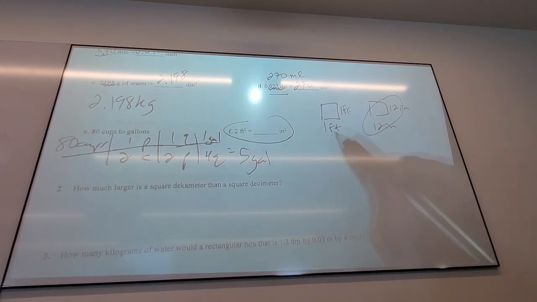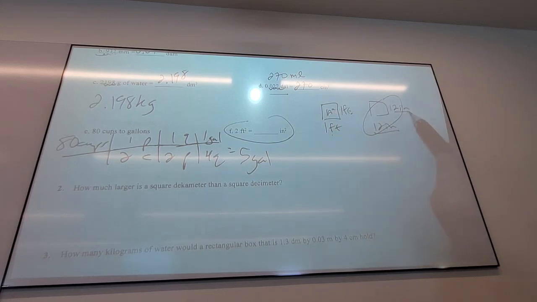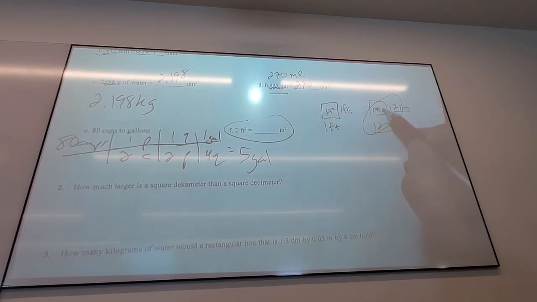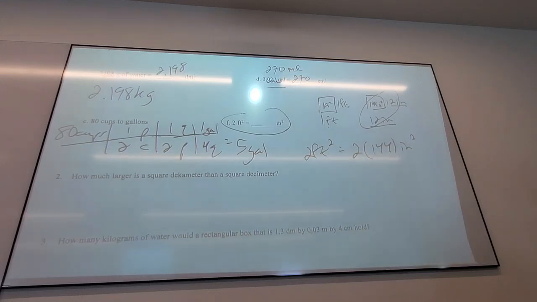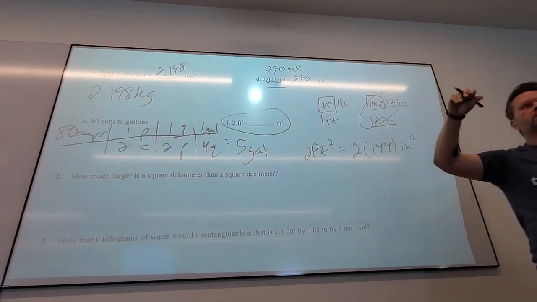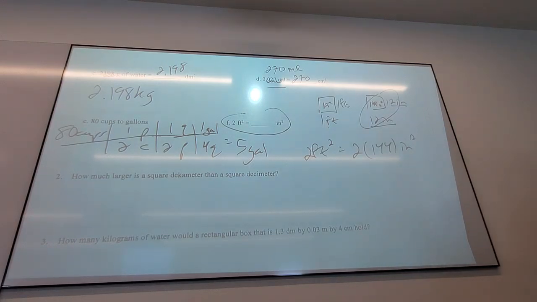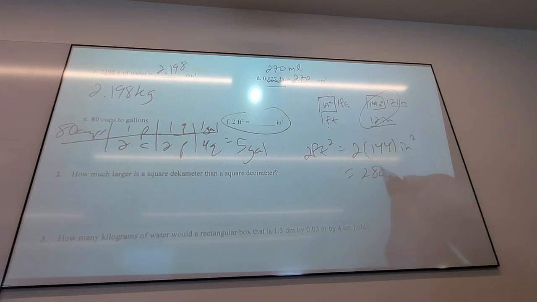If I have 1 foot by 1 foot, that's 1 square foot. That would be 12 inches by 12 inches, which is 144 square inches, yes? If I have 2 square feet, that'll be 144 square inches. Every square foot is 144 square inches. So you get 288 square inches.